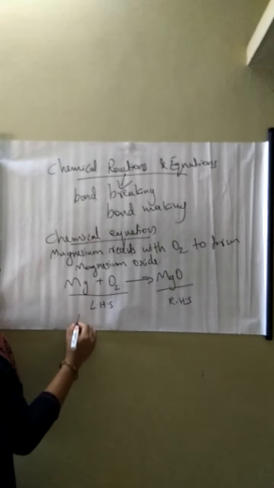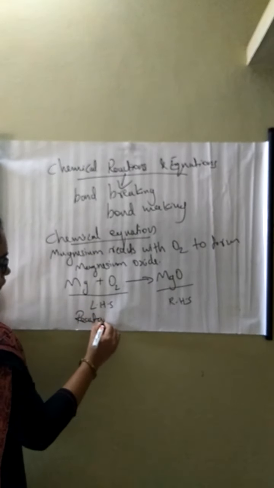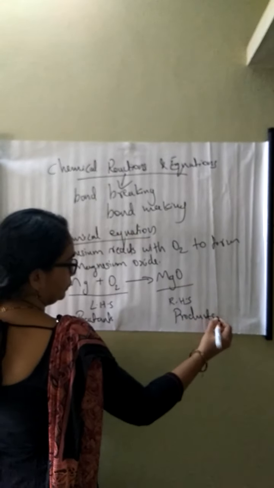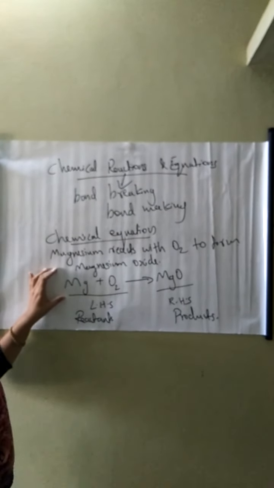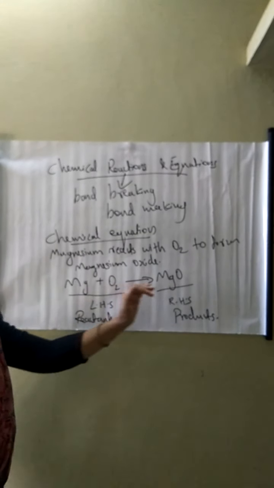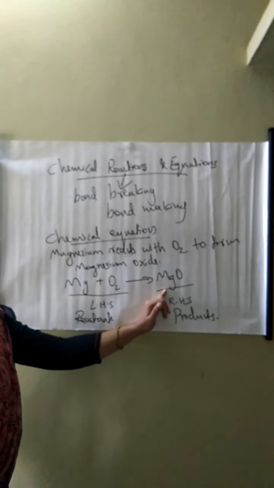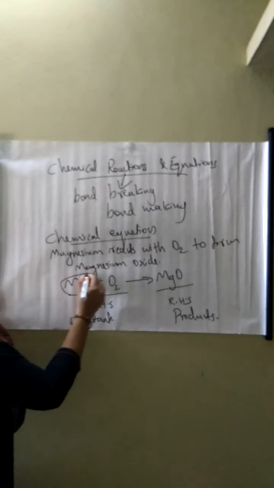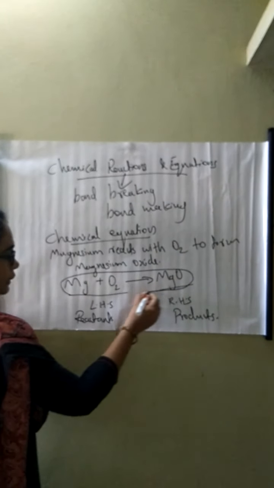The left side represents reactants and the right side represents products. Reactants are the substances that take part in a chemical reaction, and products are the new substances formed during the chemical reaction. So the symbolic representation of a chemical reaction is called a chemical equation.